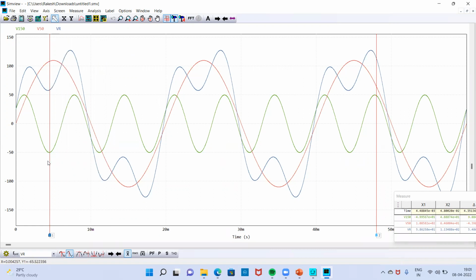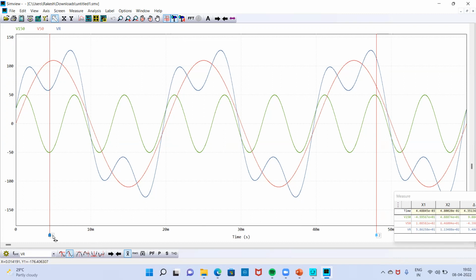This green color, its value is shown here. It is minus 49. Similarly, V50, that is 50 hertz, is 108.58. Similarly, I have the resultant. Resultant is the sum of these two things. You can add these two values and you will get this value.